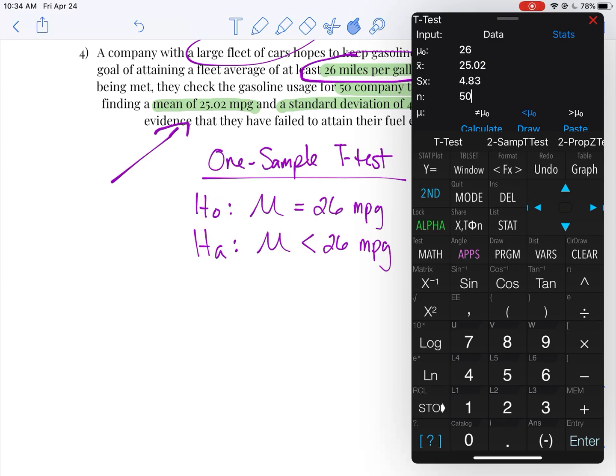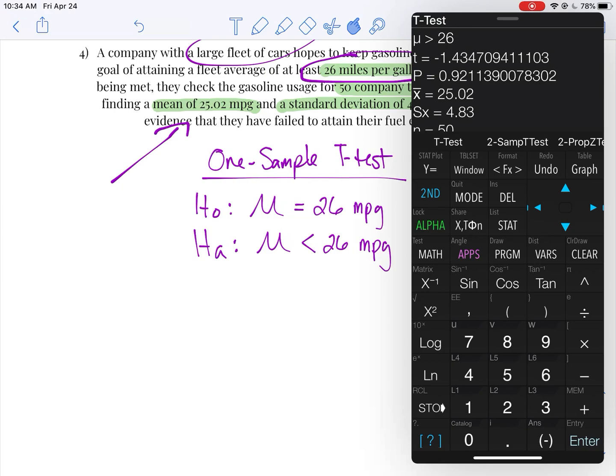The first option here would be if they don't equal each other. This one would be if I was trying to prove that 26 was greater than the actual average. And actually, I am trying to prove that, so I'm going to go with that last one. I'm glad I actually thought my way through this, because we're trying to prove that it's less than 26. All right, so I'm going to go down. I think I got everything here. I'm going to go to calculate.